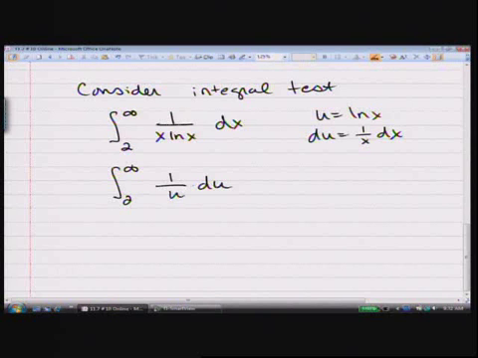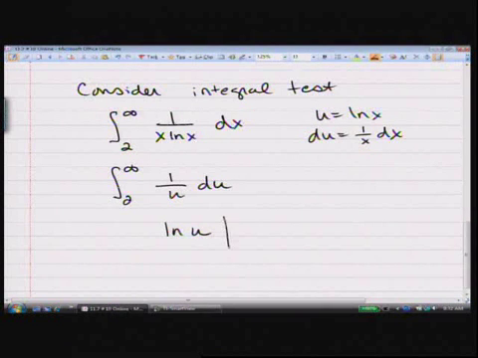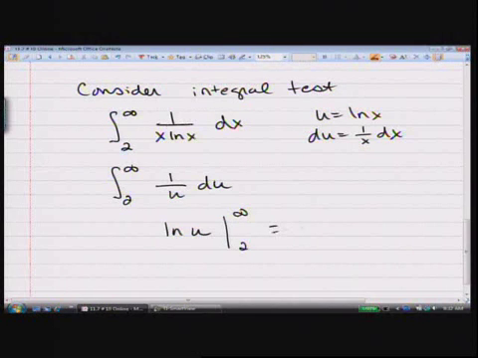What's the integral of u to the negative 1? This is ln. So this is ln u. I'm still going to get infinity, though, right? Because that's going to be the ln of x.